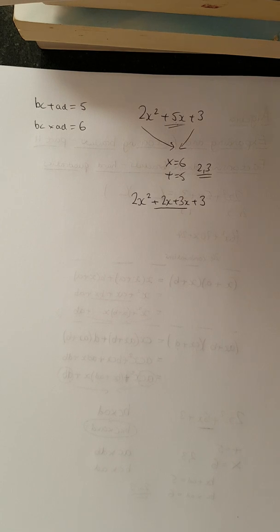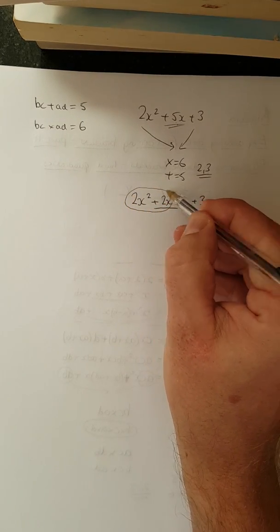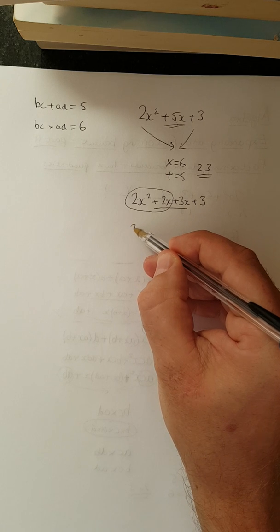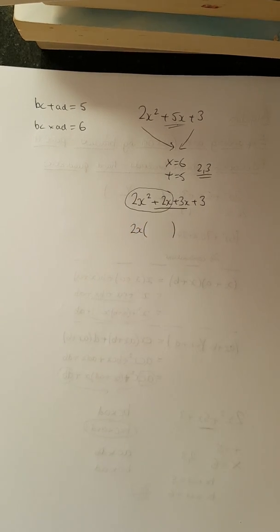Now, how can we factorise this and make it into 2 brackets? So, look at the first 2 terms. They have a 2 and an x in common. What does that leave to go in a bracket?